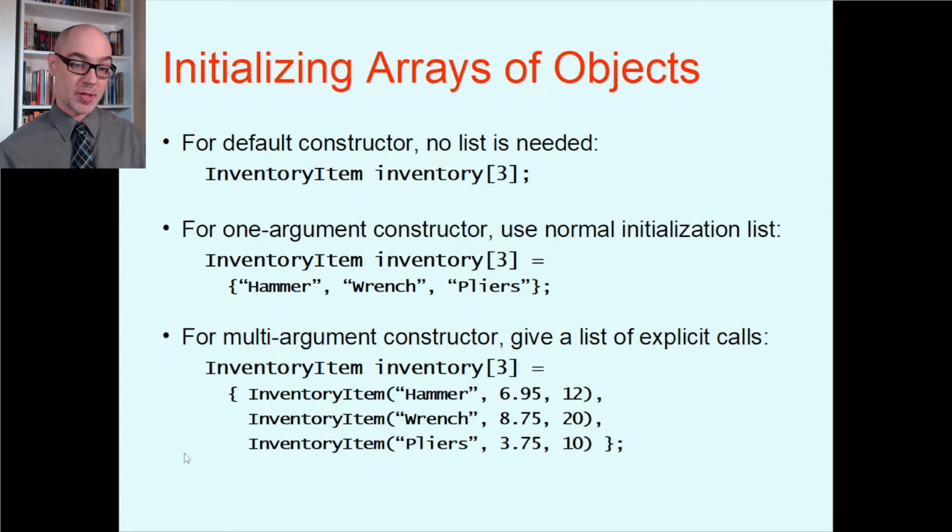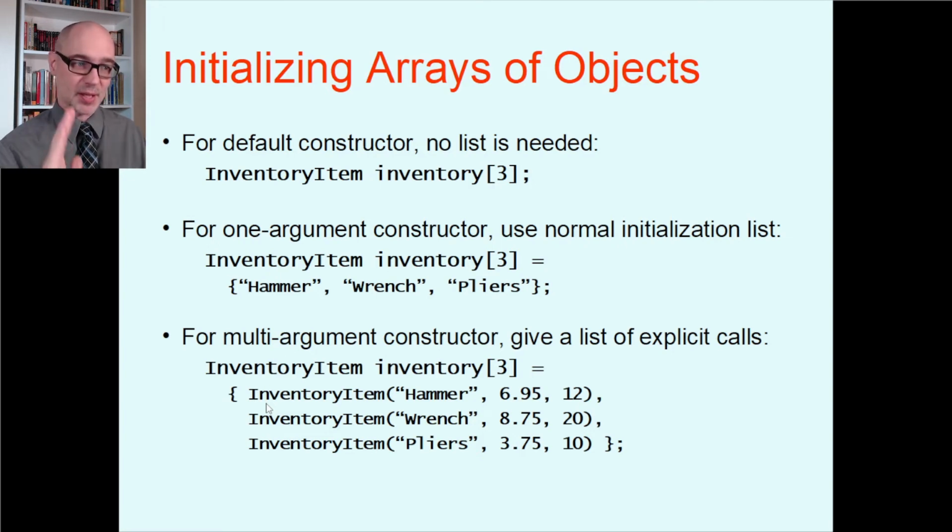Now, if you're in Dennis's situation, and you do want to call the constructor that takes more than one argument, he's got to do this. So you give it an initialization list, but the items in the initialization list look like explicit function calls to the constructor that you want. So again, he's made this inventory item array, and the first thing in the initialization list, it says inventory item hammer 69512, right?